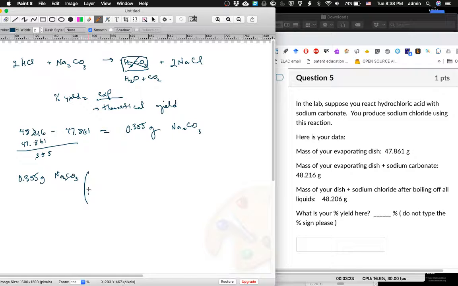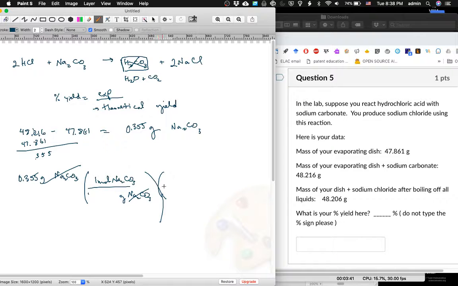If you start with 0.355 grams of sodium carbonate, you need to know the molar mass of sodium carbonate. And then we'll have moles of sodium carbonate.